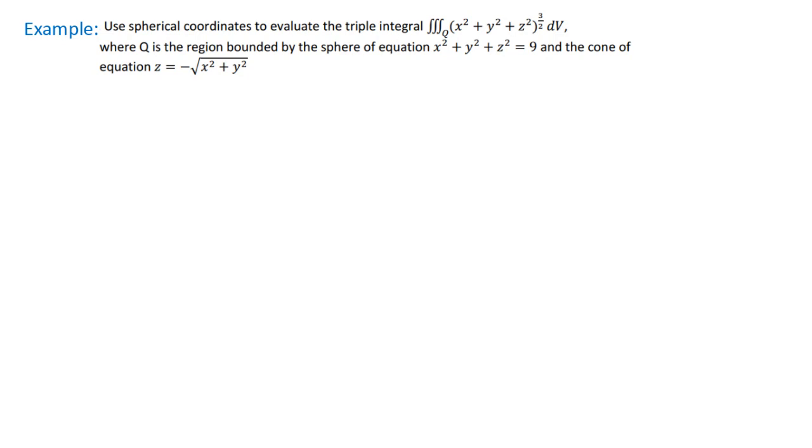So if we're talking about a solid which is below the xy plane, then phi must be between pi over 2 and pi. So let us sketch this solid and determine suitable values for rho, phi, and theta.